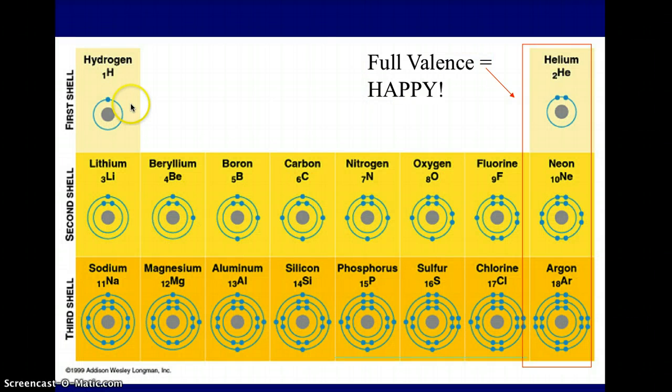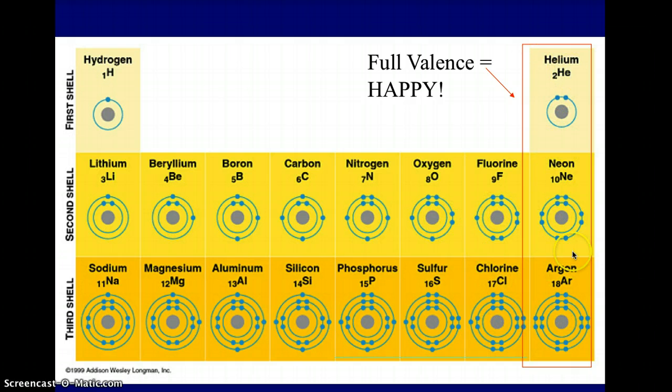And what you'll notice is that all elements in the first group have 1 outer electron. So hydrogen has 1 on this shell, lithium has 1 on this shell, sodium has 1 on this shell. And then next, you'll notice they all have 2. So beryllium has 2 on the outside, magnesium 2 on the outside. And then you'll notice 3, 4, 5, 6, 7, and 8.